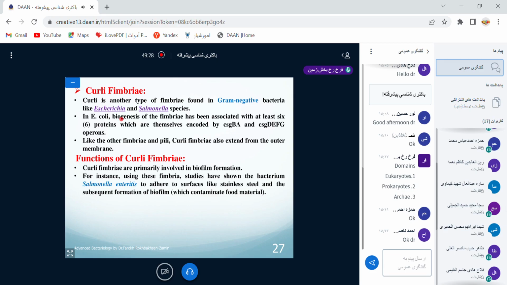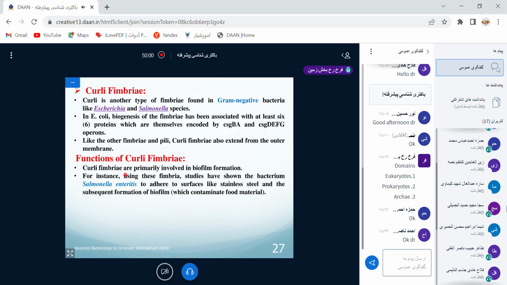In Escherichia coli, biogenesis of the fimbria has been associated with at least 6 proteins, which are themselves encoded by csgBAC and csgDEFG operons. Like the other fimbria and pili, curli fimbria also extend from the outer membrane.